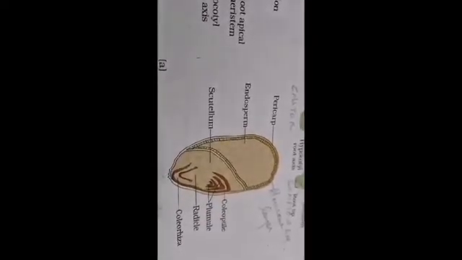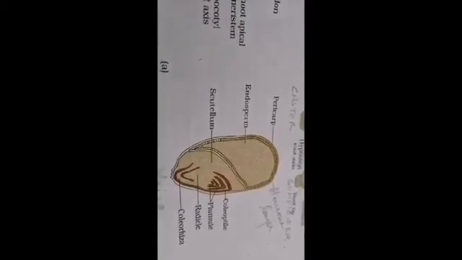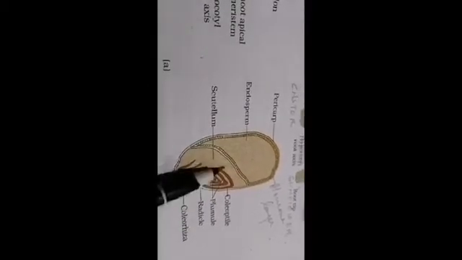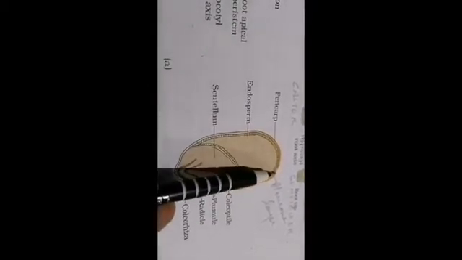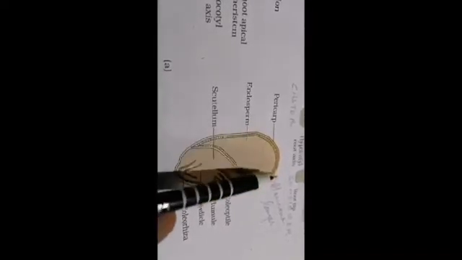albuminous seeds is this maize, where you find an aleurone layer, and this is the sheath which is surrounding your what? Endosperm.